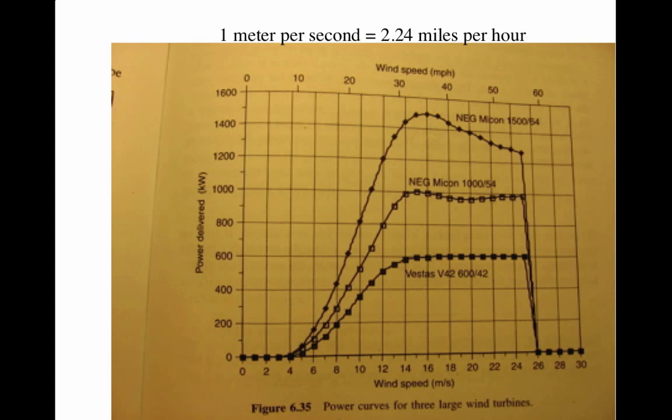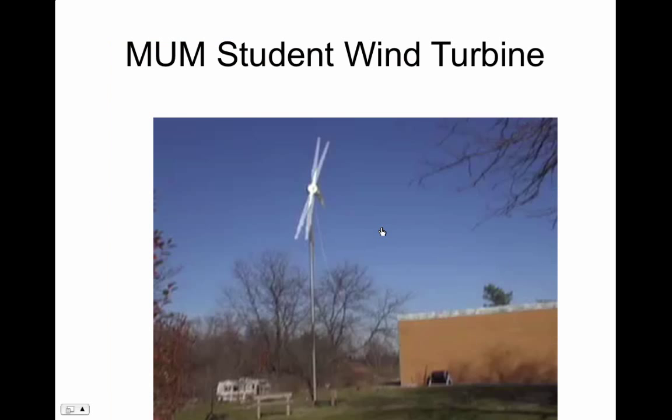At 26 meters per second, it completely shuts off because there's just too much energy flowing in the air at that point to make sure that the machine will still be able to survive and operate. So they all have the same cutout point, and they all have different points at which they start to feather back their energy. In this case it's 600 kilowatts. I thought you might find it interesting to see the power curves for very large wind turbines.